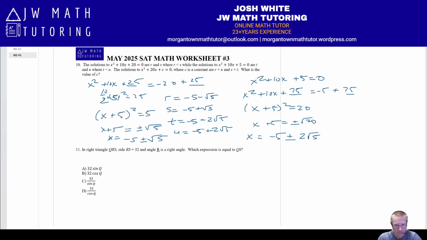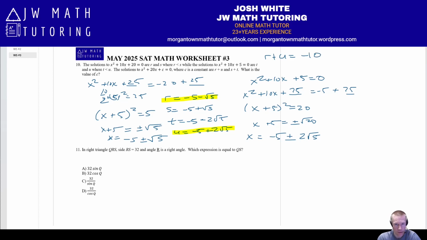Okay. Now we have to find the values of r plus u and s plus t. Okay. So, r plus u. Negative 5 plus negative 5, negative 10.